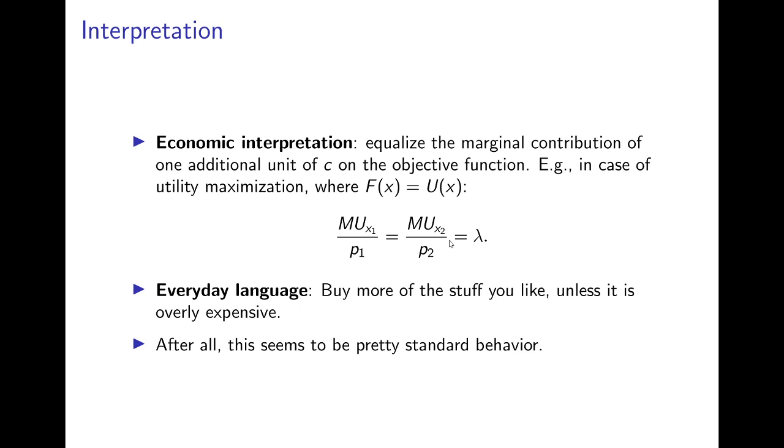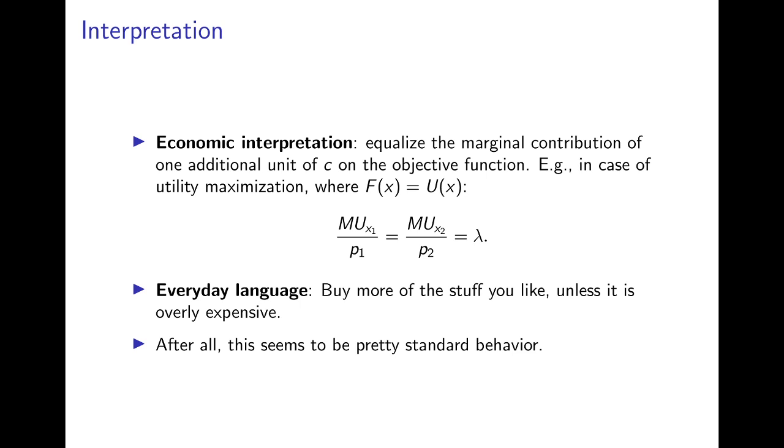If for one of the goods that we can buy, an increase in spending on this good would lead to a higher marginal utility divided by its price than for the other goods, then of course we would want to buy this good because it would increase our objective function by more than if we spend the money on any other good.